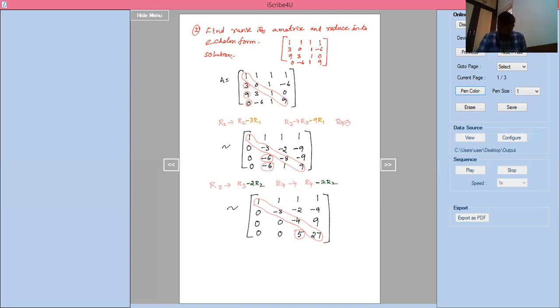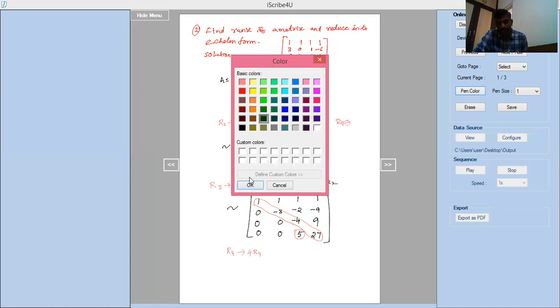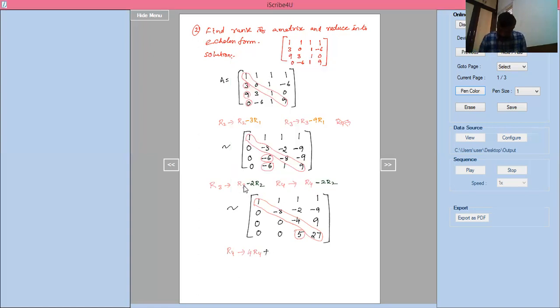Now in the R4 row I have to make 0. In R4, 5 is there, and here minus 4 is there. So that's the way I will multiply: 4 into R4 plus 5 into R3.